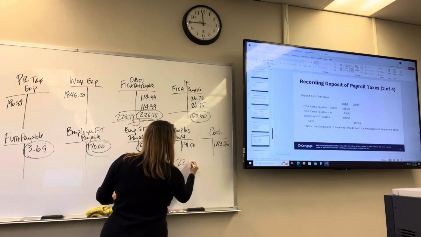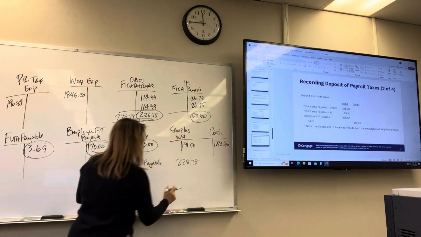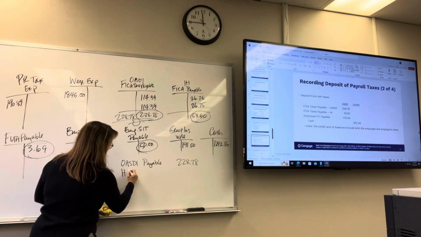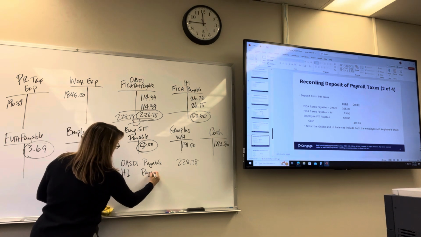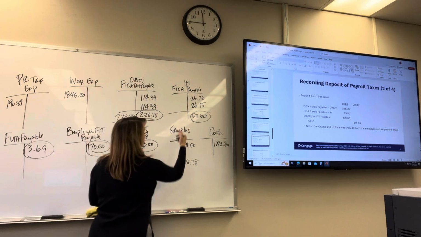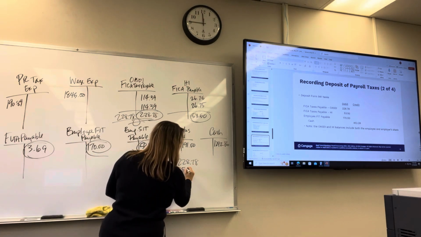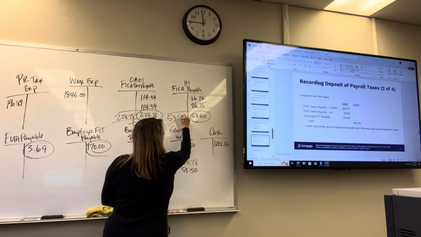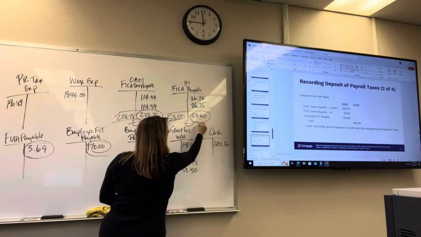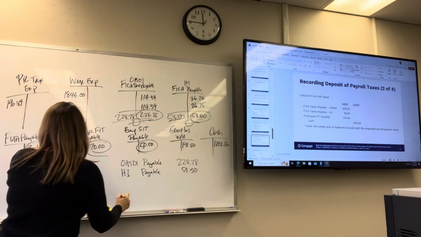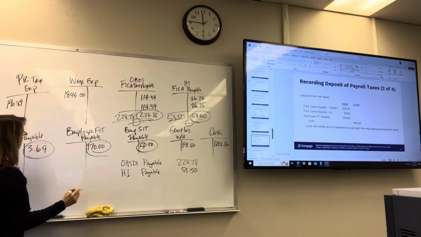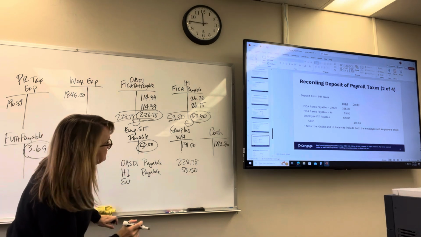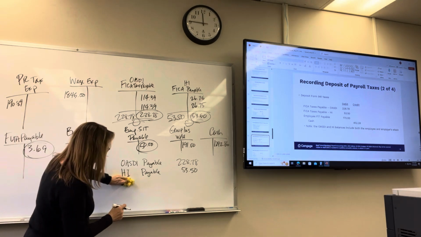So $228.78. And our Medicare tax payable is again going to be debited $53.50. So that brings us to zero in that account. And then we've got our SUTA. Well, in this case, this is just the federal taxes that they're paying.